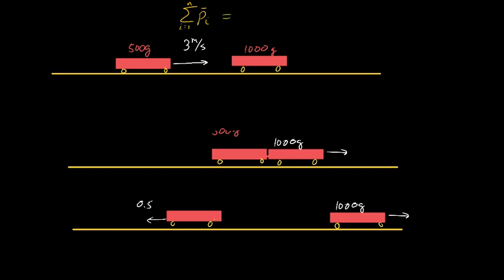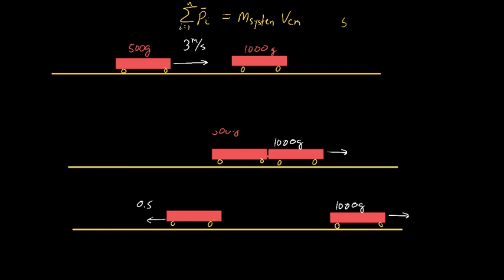Now, that has to be equal to the mass of the system times the velocity of the center of mass. I was bringing this up because during a collision, there's individual momenta transferred from one object to another. But for the system, the momentum of the system doesn't change. So if you want to find the velocity of the center of mass, that's all you have to do, which, by the way, we've just done, right?